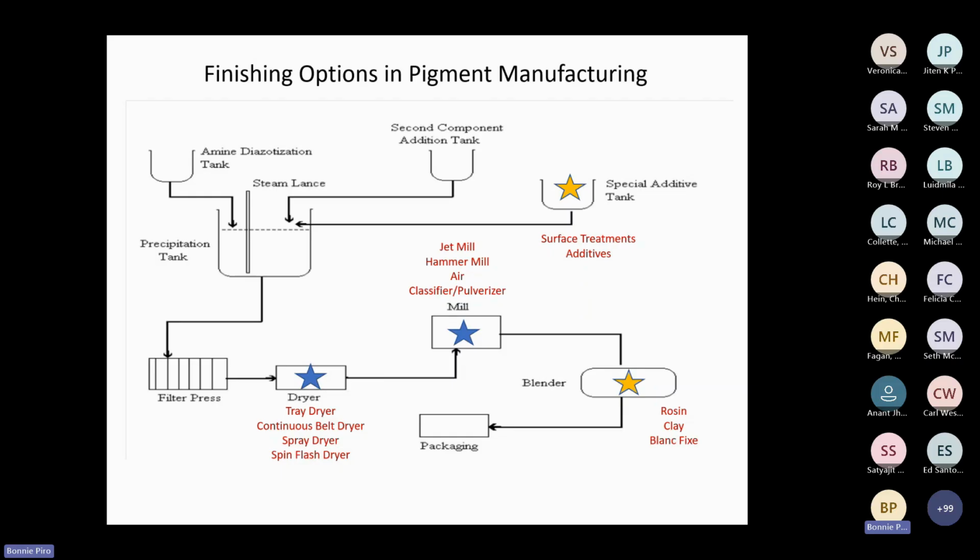Mechanically, in the choice of drying and the choice of milling, they are giving the R&D formulator options to develop how much hardness do they want in that particular pigment. What kind of particle size and particle size distribution do they want for that particular pigment product?